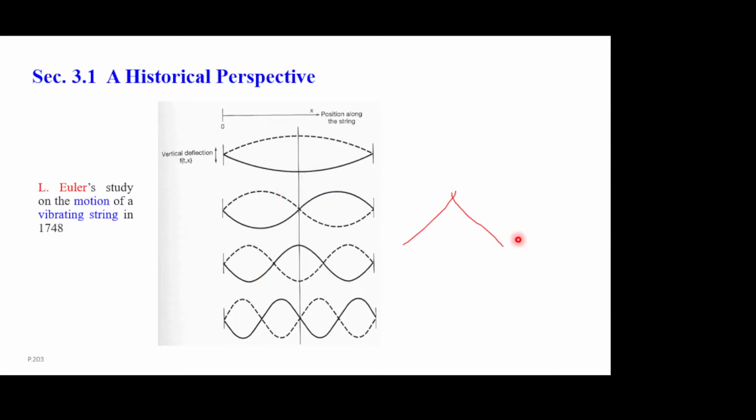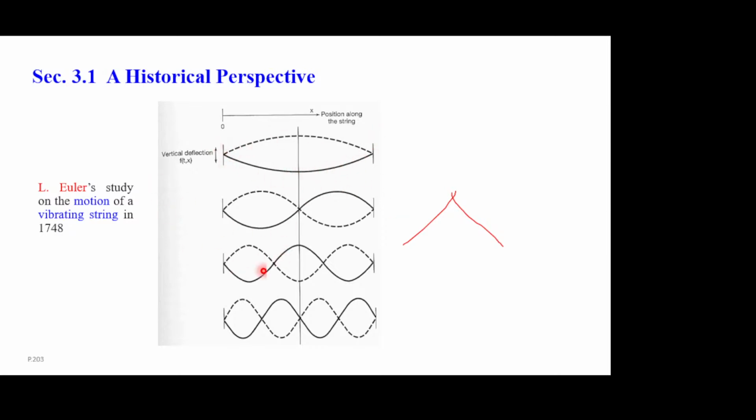So for example, what if your periodic function has a sharp corner like this? If your function has a sharp corner and keeps repeating itself, we will see in this course that we can represent this kind of thing in terms of Fourier series. But you see all those sinusoids are very continuous and smooth, right?